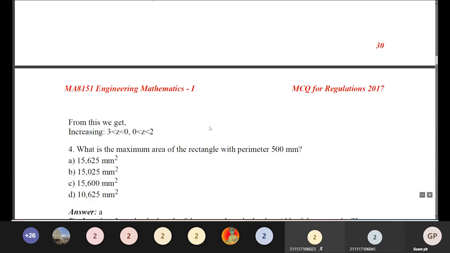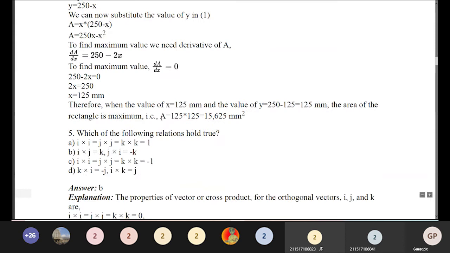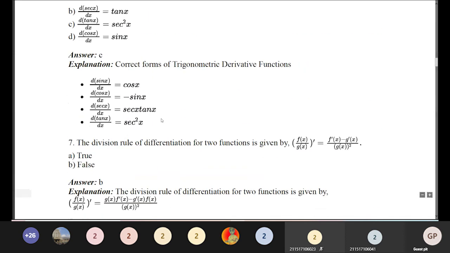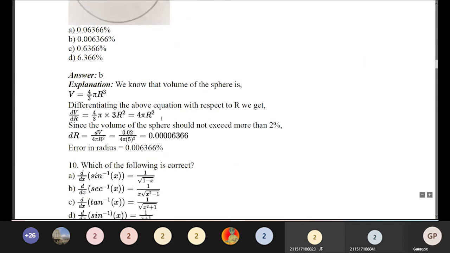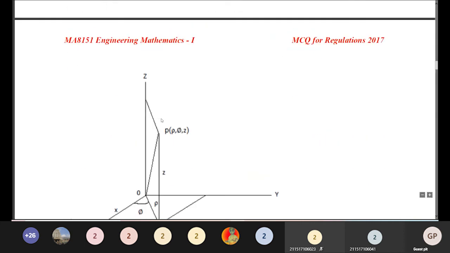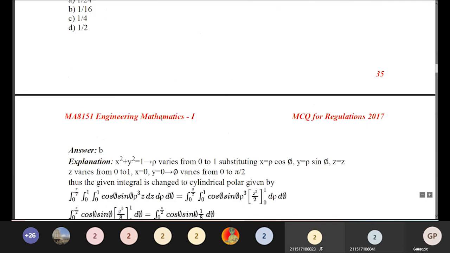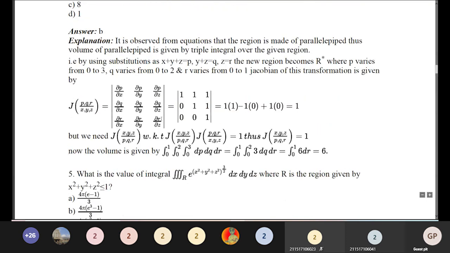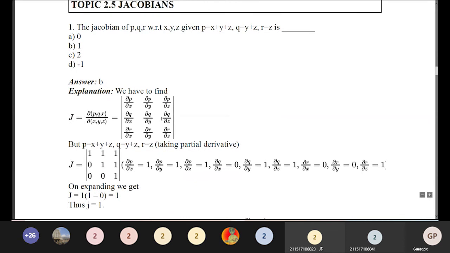So some respective problems are there. We are short of time, so we will discuss some important topics from the GATE exam point of view.